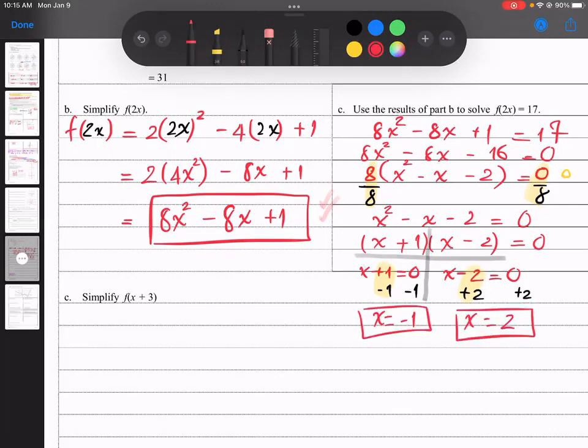When you plug in negative 1 and 2, the function becomes 0, so they map to 0. So y is 0. So negative 1, 0, and 2, 0. Even though 0 is repeated, we don't care because it's the y values. So it's still a function. This is the x-intercept.